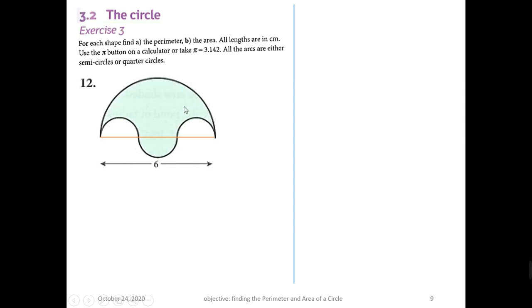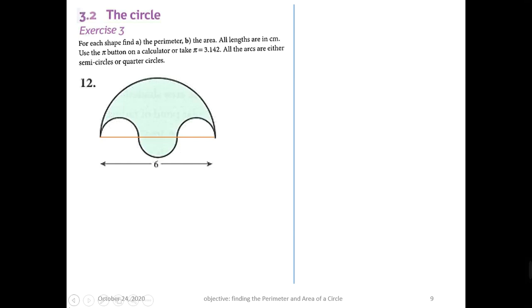Of course, let me remind you, we are not calculating the area here, so don't think of subtracting and adding shapes together or from each other. But we are calculating the perimeter if we are starting at this point and going all around the shape to close it. So we need to know the length of each arc in order to do so.